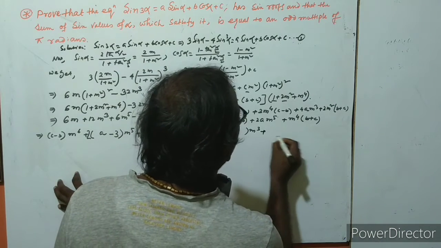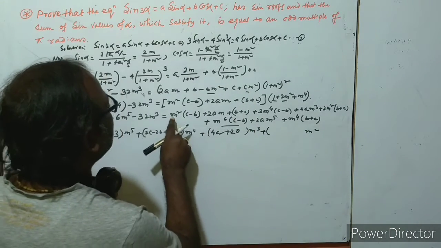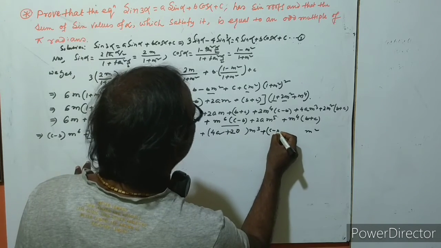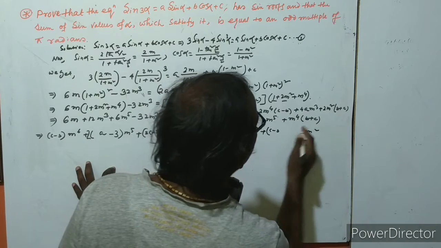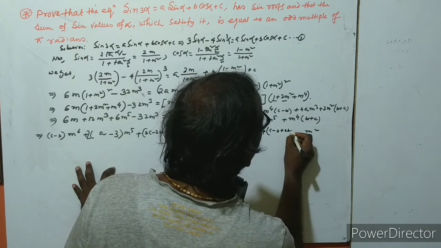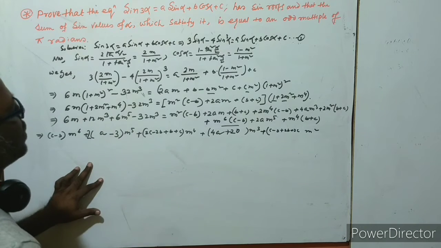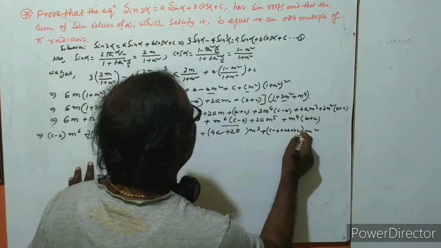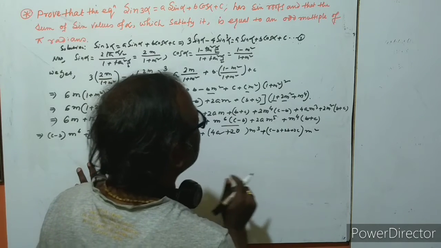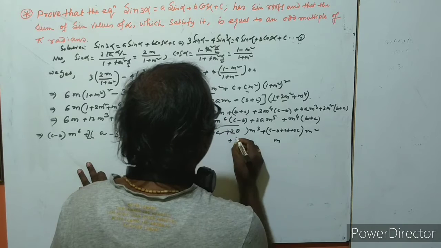And now m square. Look here, this is c minus b, m square, this is here m square, that is 2b plus 2c, and m square, nothing. Okay, m square, and now m.